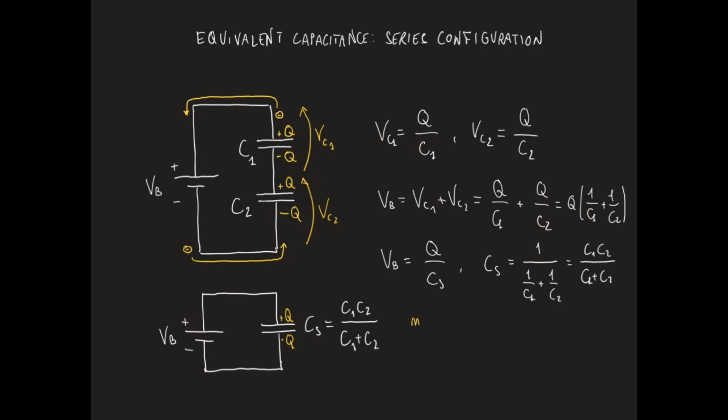In the case of n capacitors in series, the equivalent capacitance CS is given by 1 over the sum for j going from 1 to n of 1 over Cj, where Cj is the capacitance of the jth capacitor.